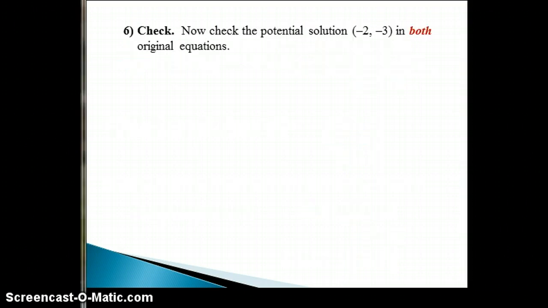Let's check this potential solution by checking to see if it is a solution to both of the original equations in our system. Here's the top equation. We plug in -2 for x and -3 for y and see if it is a true statement.